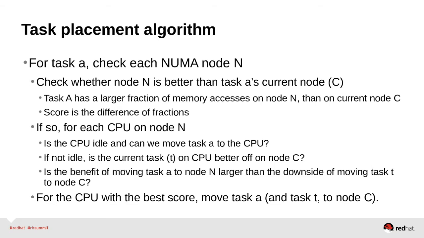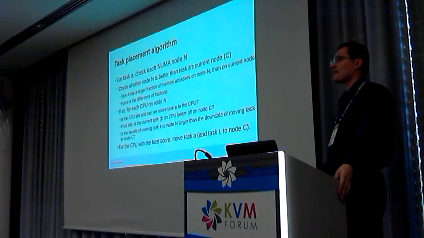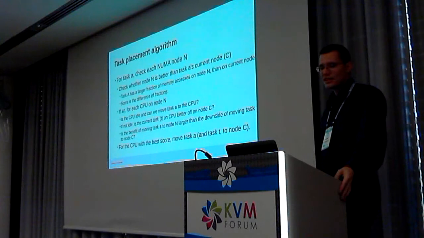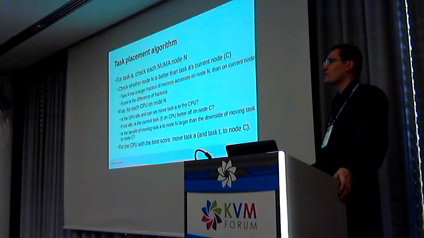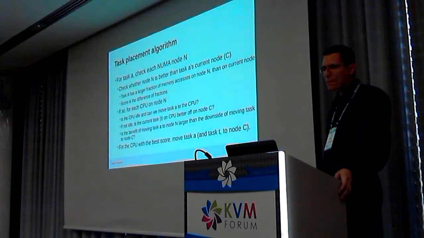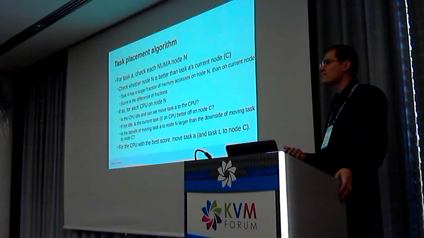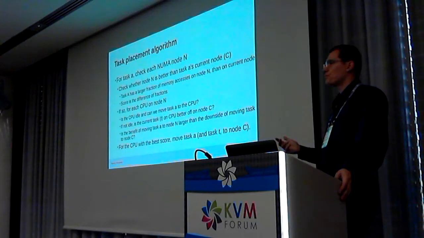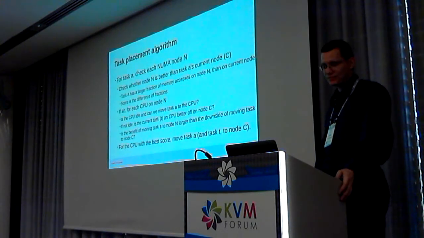And both of these things are examined in the task placement code. The algorithm simply looks at all the nodes on the system, and if a node looks like it is a better location than the current node where the program is running, then it will check all the CPUs on that node. If the CPU is idle, and we can move the task without creating a load imbalance, we'll probably try that.